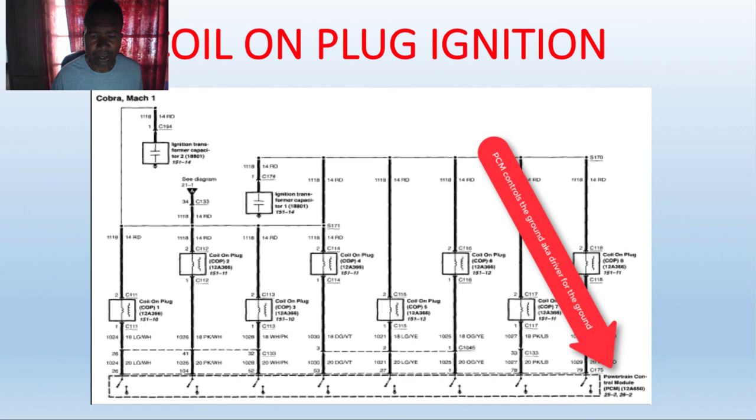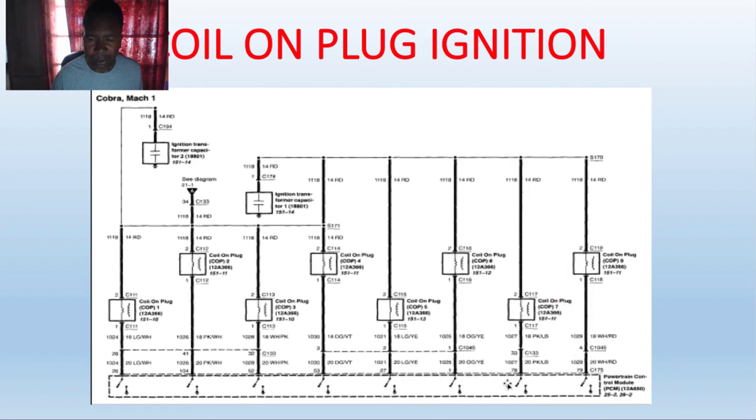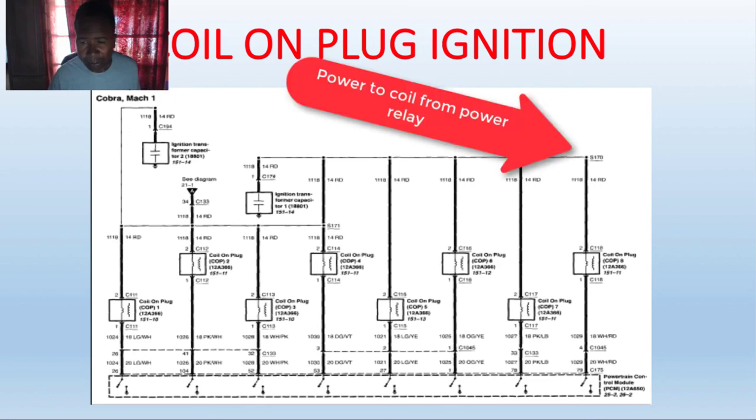You have 8 coils and 8 individual trigger points, 1, 2, 3, 4, 5, 6, 7, 8. 8 triggering points, which is the ground. The ground controls the primary current flowing in the primary circuit to fire the secondary, which is the coil.